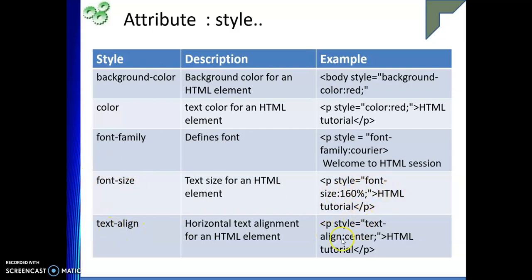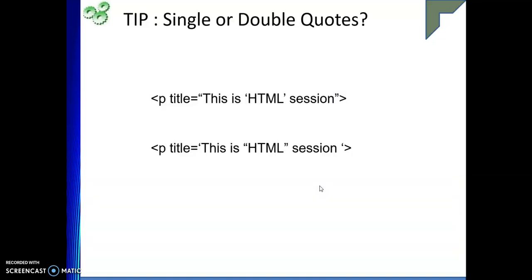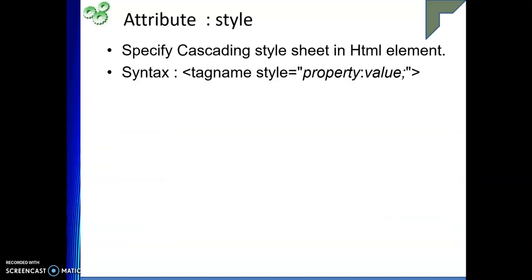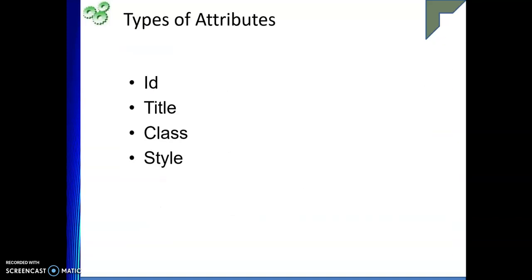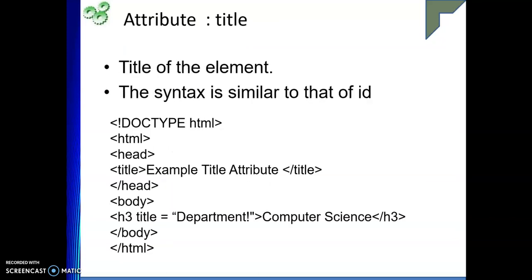Text align, it may be in the center, it can be left, it can be right, and all these things, right? So these are the four types of attributes that we have, that is the id, title, class, and style itself, right?